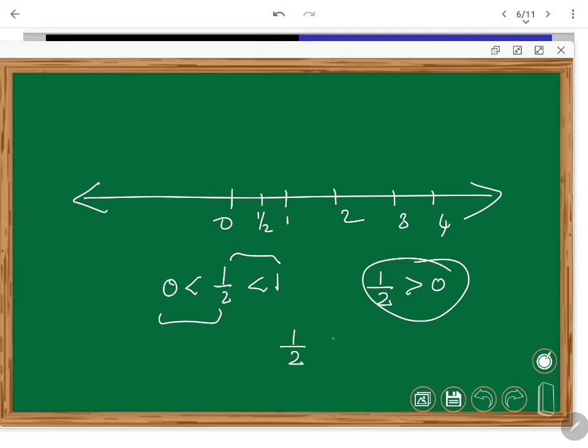If, for example, half is less than 0, suppose I am multiplying with 2 on both sides. What happens? 2 is a positive real number. So 2 into this part is 1. 2 into 0 is 0. We will be getting 1 is less than 0. This is not possible, right? So in such a manner, you can try the other side also, why half is going to be less than 1. So half is greater than 0.